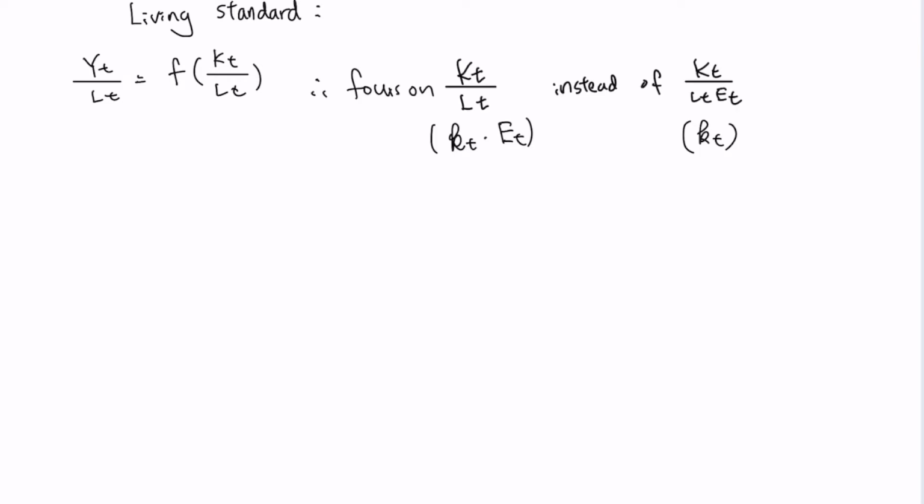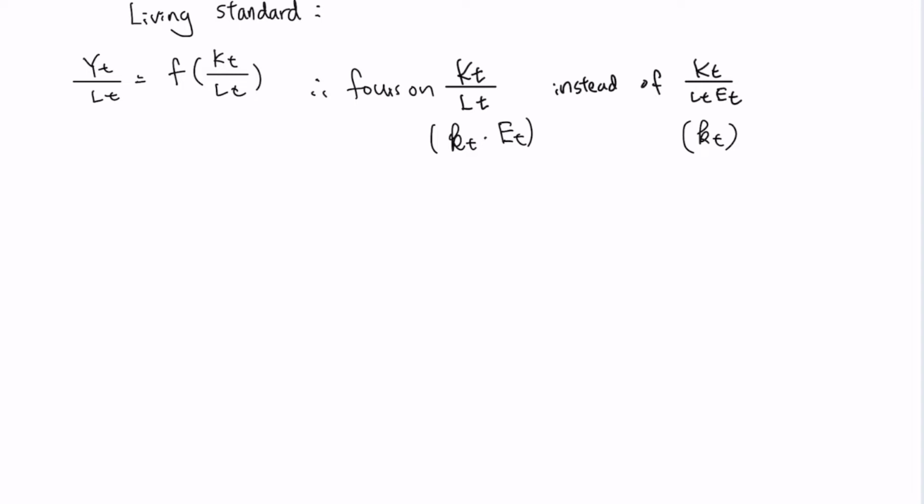When we are looking at the living standard, we want to focus on the output per capita instead of output per effective worker. So when we want to see the role of the g in growth, we want to look at the variable output per capita. What we want to do is focus on the capital per capita instead of the capital per effective capita, and see what the result is when the g increases.